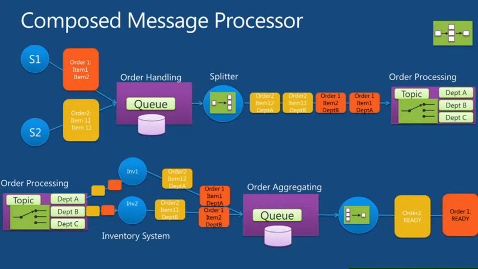I'm not going to go through all that in detail, but it should be fairly clear that you can build fairly powerful systems and integrations just with those capabilities that we have built in, particularly with sessions, which is a really powerful feature to do these splitters and aggregations inside a service bus.